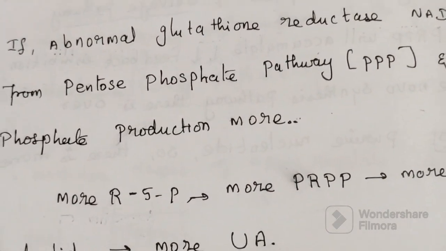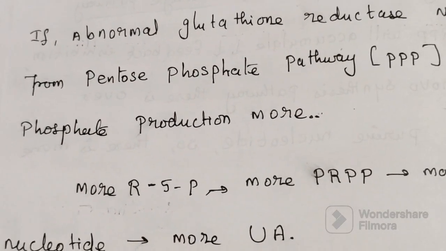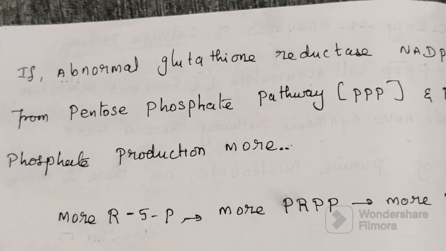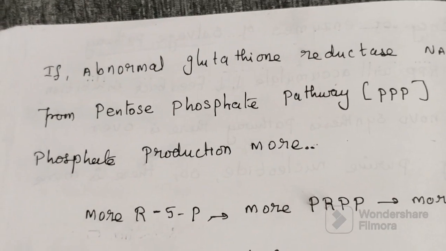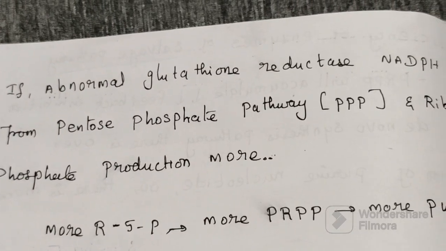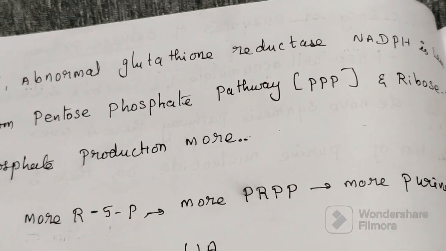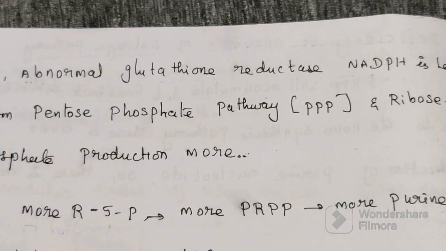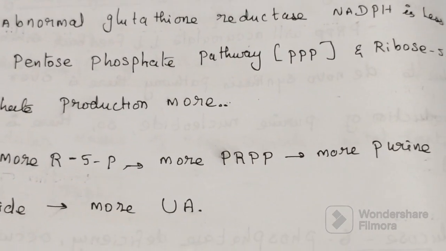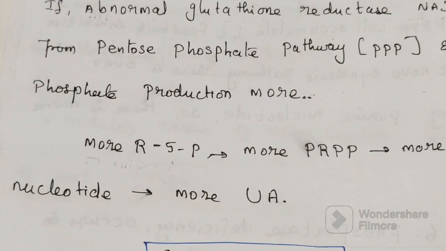If there is abnormal glutathione reductase enzyme, NADPH production is less from the pentose phosphate pathway, PPP, and ribose 5 phosphate production is more. More ribose 5 phosphate means more PRPP. More PRPP means more purine nucleotide.